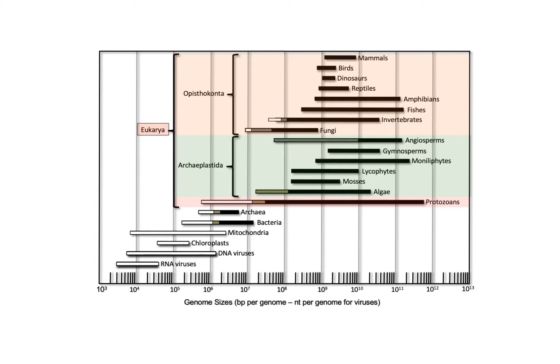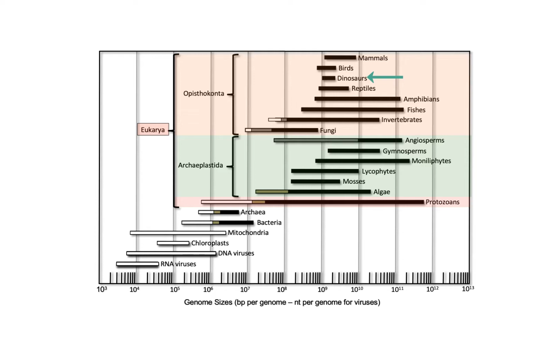Also note in this one that I've included dinosaurs. The way you get dinosaur genome sizes is in some fossils you can see cellular structure, including visualization of the nuclei. And a nucleus volume is proportional to the genome size.